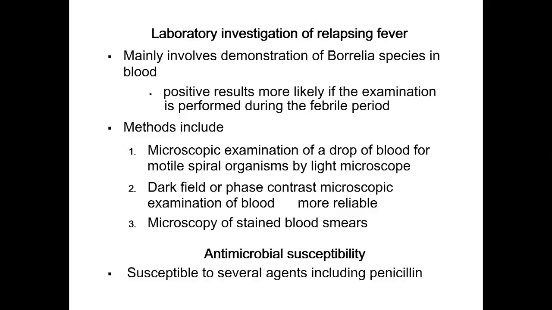So phase contrast microscopic examination of the blood is a more reliable method. And then thirdly, one can make a peripheral blood film, dry and stain. Here, one can use Giemsa or Wright's stain, and one will see the Borrelia in that specimen. For antibiotic susceptibility, penicillin is also effective against borreliosis.